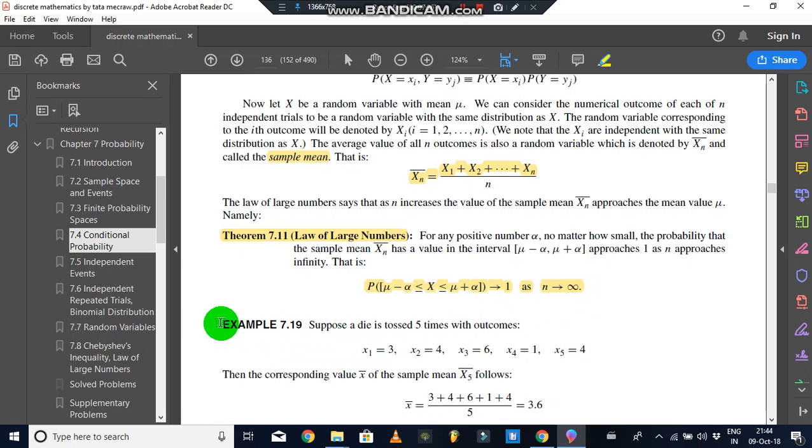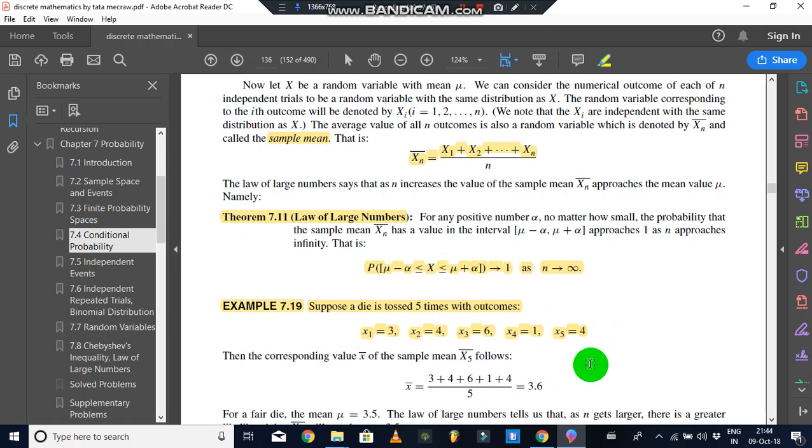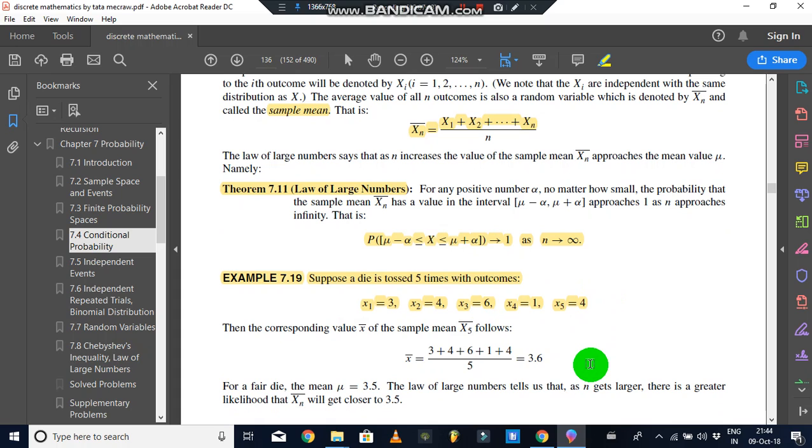So let's talk about an example. Suppose I toss a die 5 times, and these are the values given in your problem. Just put them in this formula: 3 plus 4 plus 6 and so on, divided by 5. Why 5?